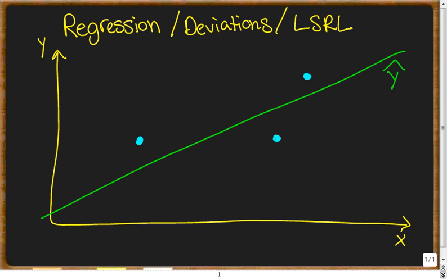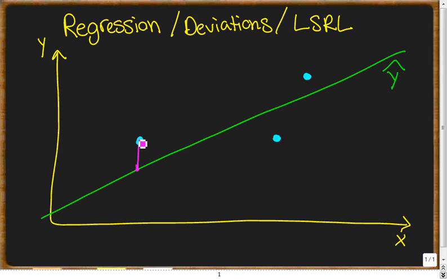Well, they talk about these things called deviations, which we've already talked about before. It's an observation minus a mean, which in this case, our mean is going to be this predicted value here. So we have this first point here, which is above our line.